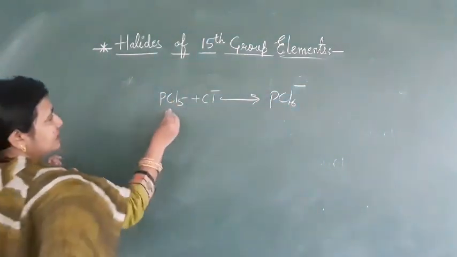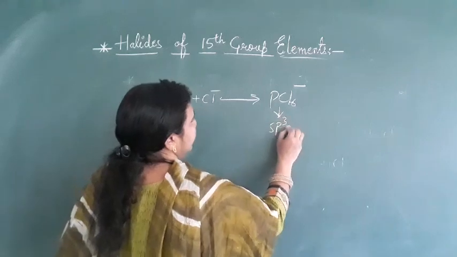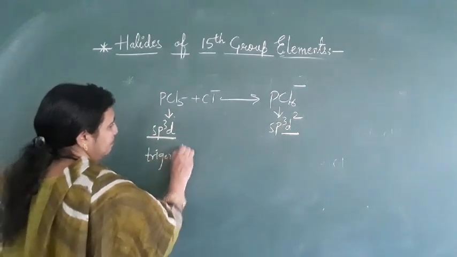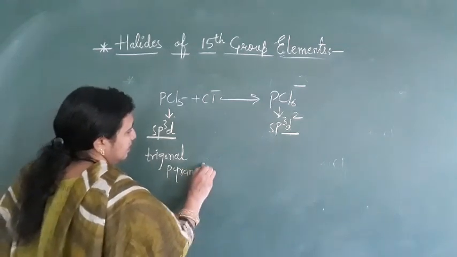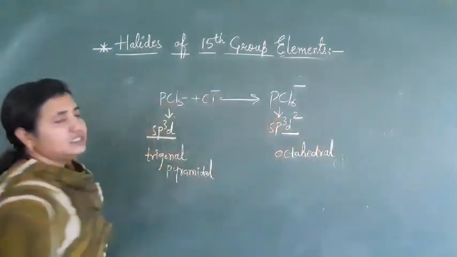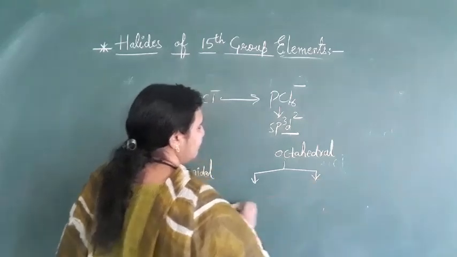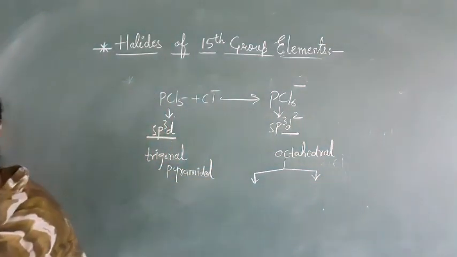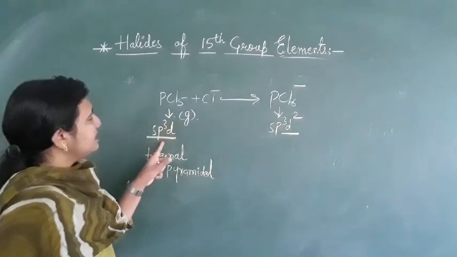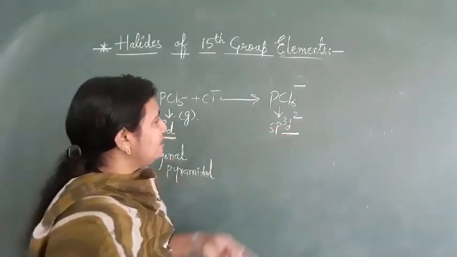PCl5 has sp3d hybridization with a trigonal bipyramidal structure, and PCl6 minus has sp3d2 hybridization with an octahedral structure. So after acceptance of Cl minus, the hybridization is sp3d2 and the shape is octahedral.